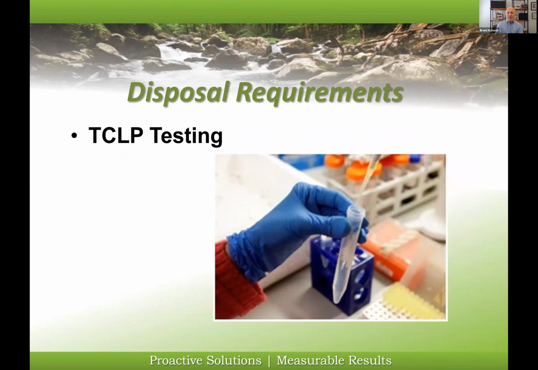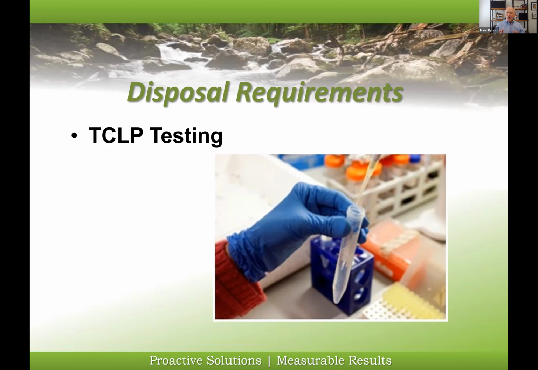Disposal. EPA has specific disposal requirements, both under the RRP and other rules. You might also be required to perform toxicity characteristic leaching procedure testing, or TCLP testing for short, on the waste stream for disposal.